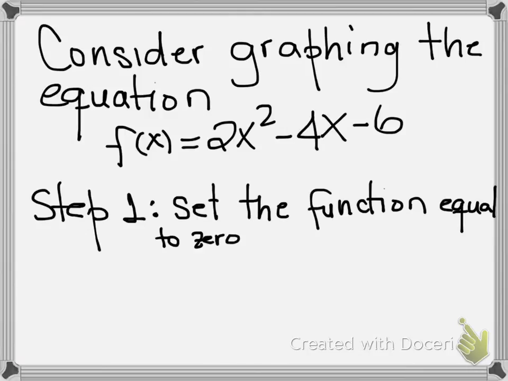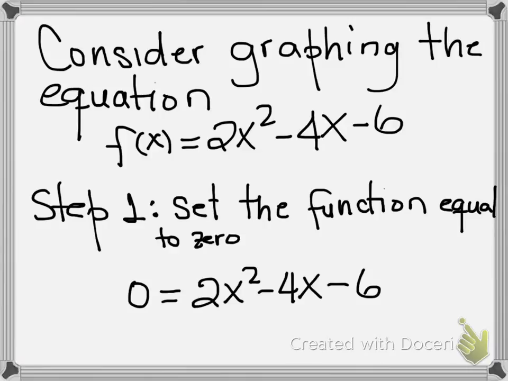I ask that when you're solving, you make sure the equation is equal to 0. So, since it is f of x equals 2x squared minus 4x minus 6, it becomes 0 equals 2x squared minus 4x minus 6. Now, that wasn't so hard, was it? Alright, we set the equation equal to 0.